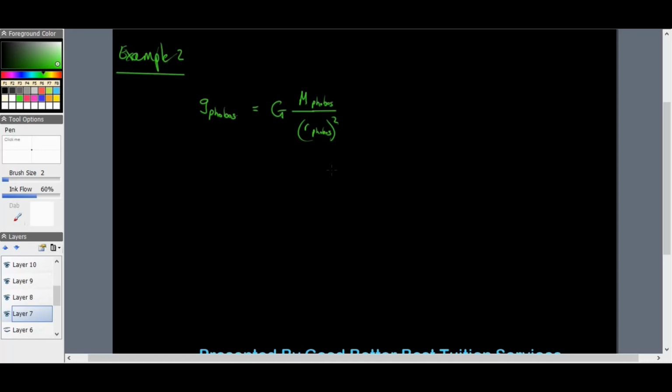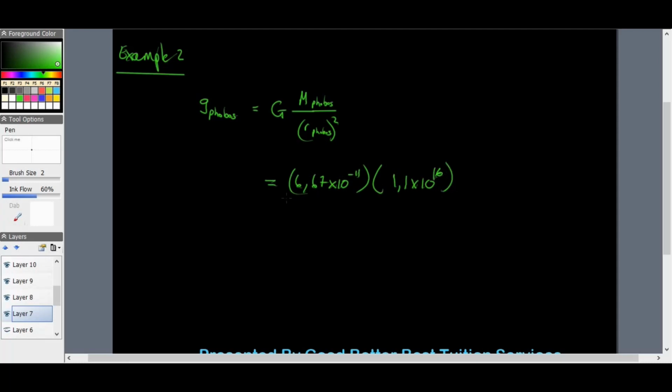We're looking for the gravitational acceleration, because it's not 9.8, it must be slightly less. So what do we know? We know that the gravitational constant is 6.67 times 10 to the negative 11. Great. What's the mass of Phobos? It was 1.1 times 10 to the 16. Sorry, 16.